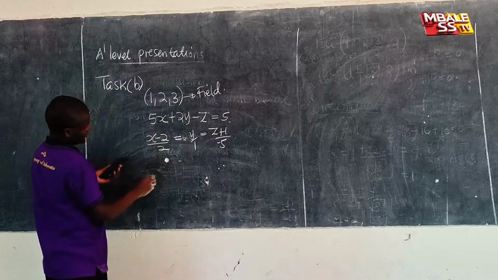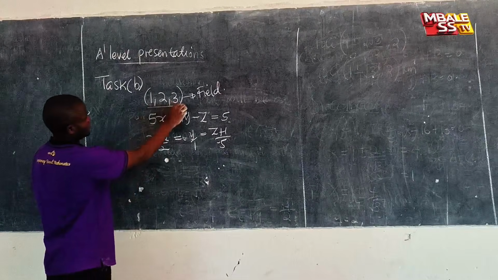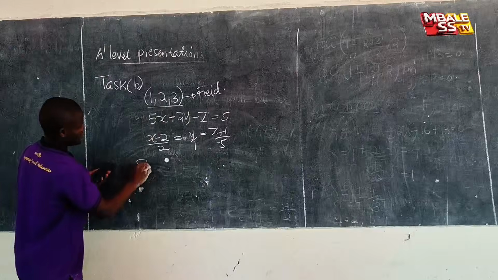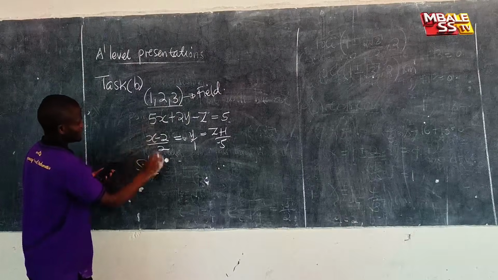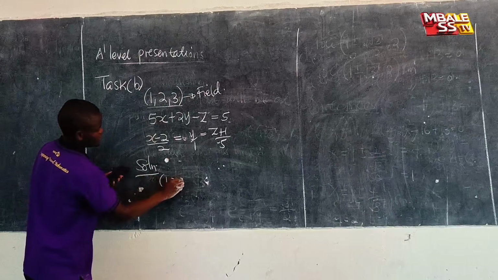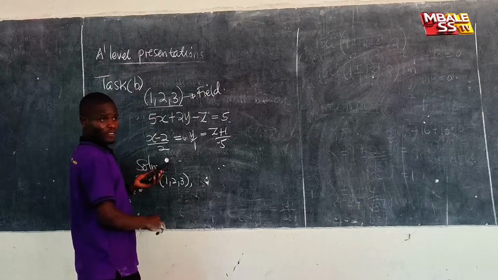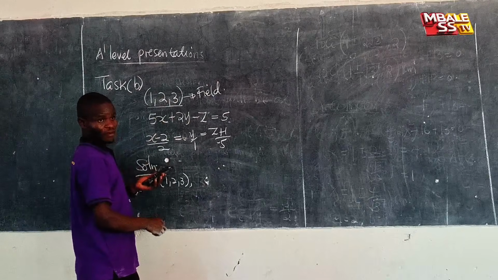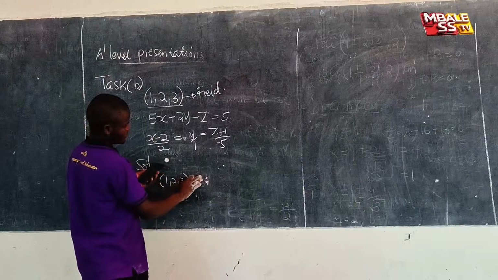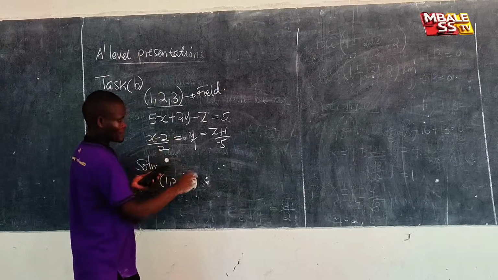So here what we are going to do is use this point. We want to find the equation of the plane passing through point 1, 2, 3, and it is parallel to this. Parallel planes have what we call equal norms, or the perpendicular vectors to them.